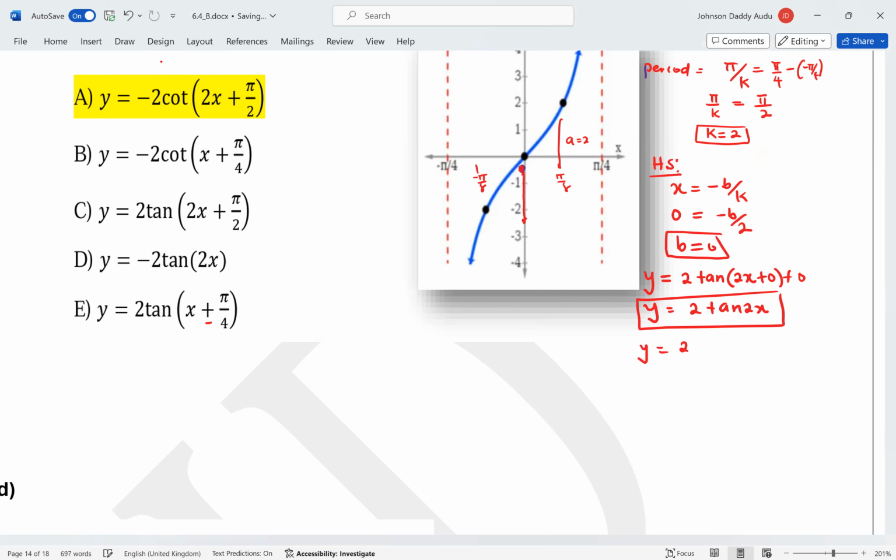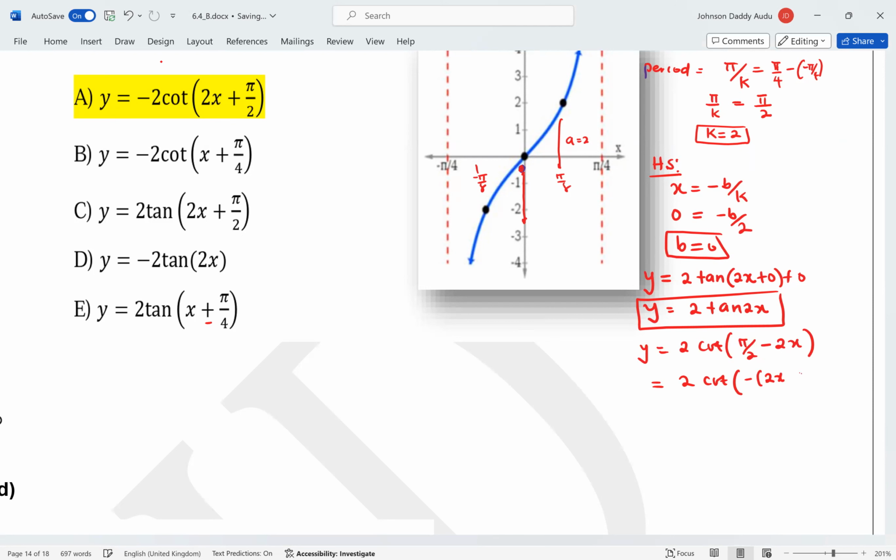Let's say we have 2 cotan, and then let's say pi over 2 minus 2x. So this is going to be 2 cotan, then this is going to be minus, you see, 2x. It's going to be 2x minus pi over 2.